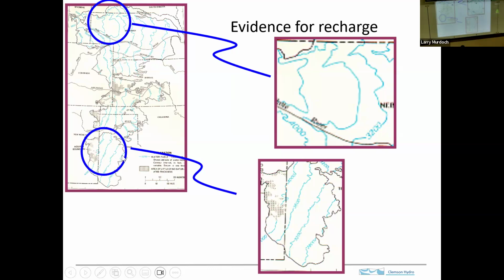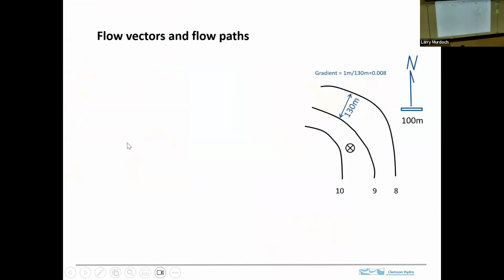Well, this is North Texas, really dry, and there's probably not much recharge happening. So we can now see some evidence for these various features that we saw in an idealized case, here appearing in this real aquifer.